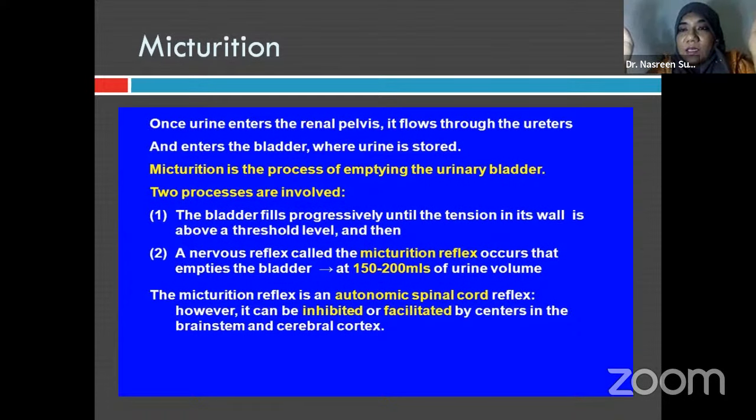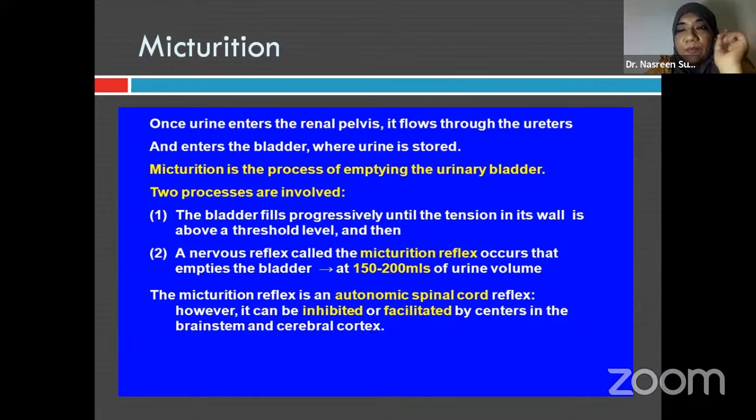Now, once the urine volume exceeds 150 to 200 ml, okay, 150 to 200 ml, the information will be passed to your spinal cord, through your spinal nerve, okay. So that spinal cord will be giving information. It will be sending signal to your urinary bladder so that the detrusor muscles will contract and the trigonal muscles will relax.